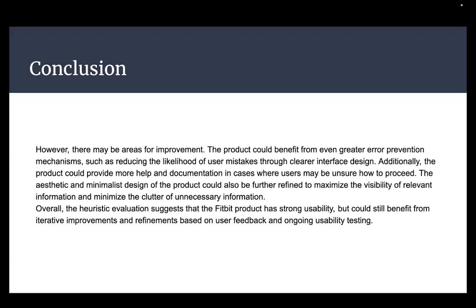The product's minimalist style could be further improved. So the Fitbit has high usability overall according to the heuristic evaluation, but it could still use iterative tweaks and enhancement based on user input and ongoing usability testing.